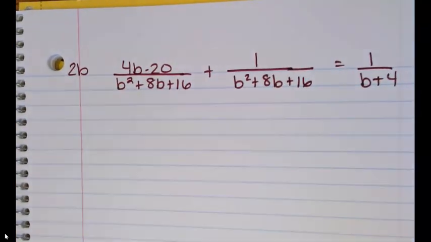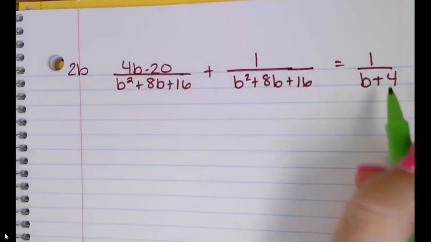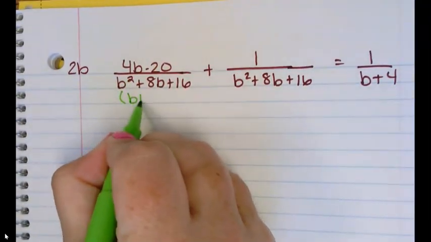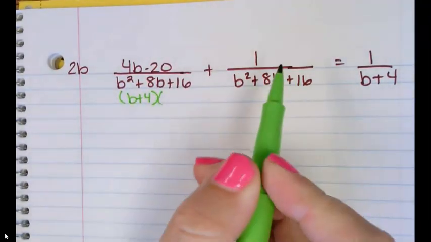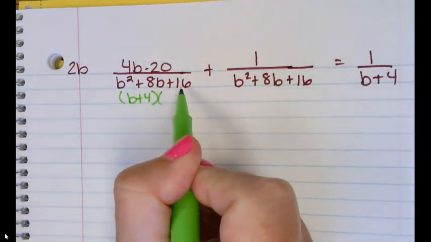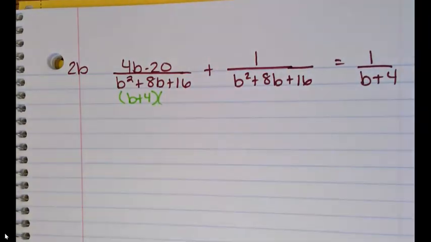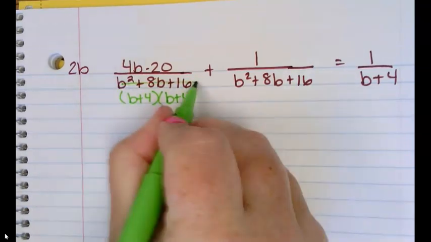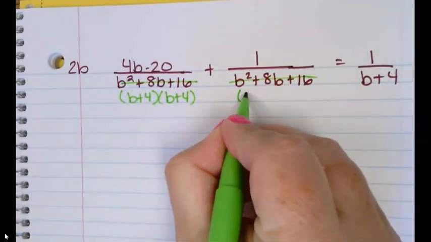Okay, step 1, we need to factor. Now, we've talked about this before, how more than likely one of the factors is going to be b plus 4. So what two numbers multiply to give me 16 and add to 8? If you said b plus 4, you would be correct. And that's the same thing here.